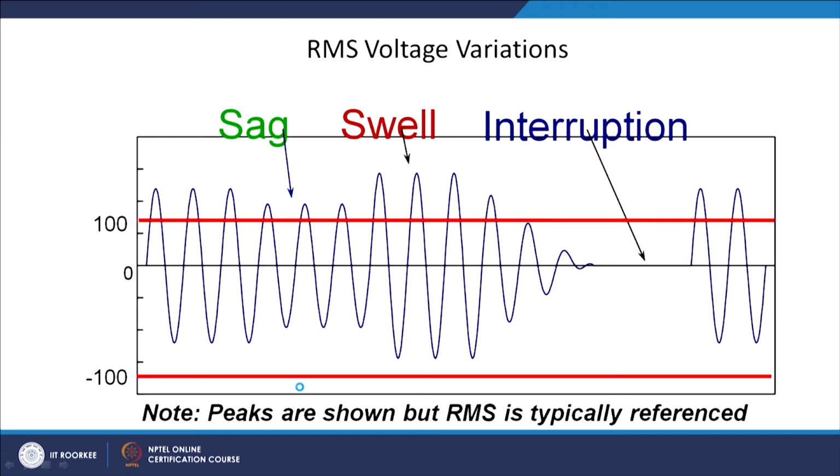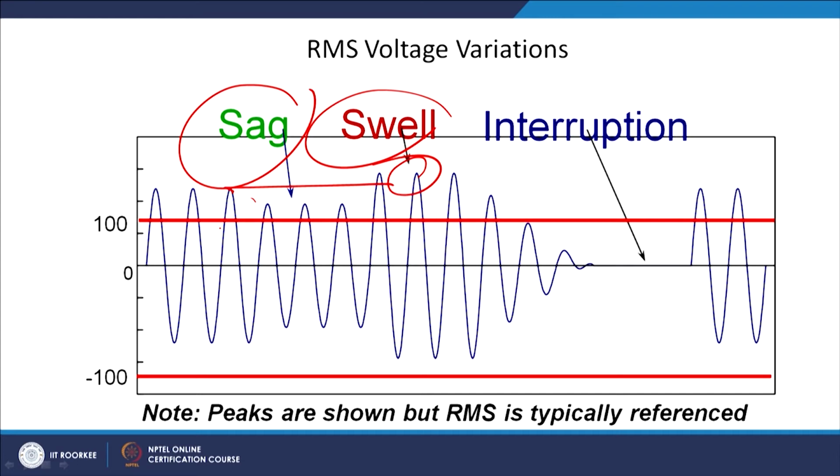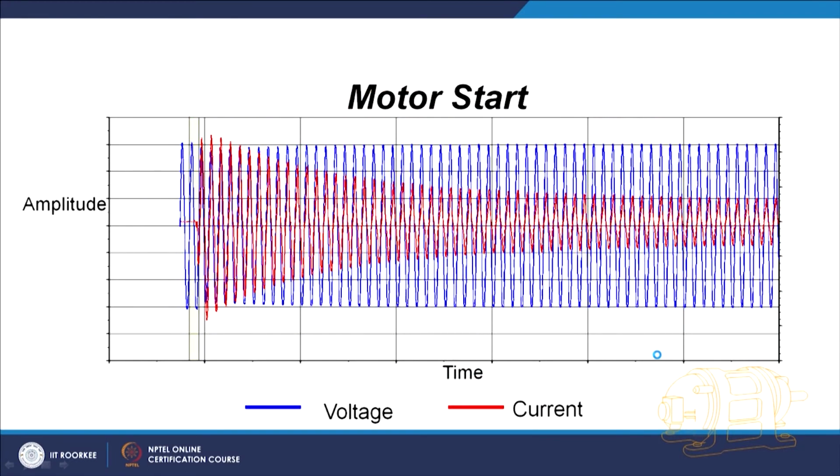Now, this is an example of different waveforms on the same scale. This is a sag, where the voltage has gone down. This is a swell, where the voltage has gone up, and this is the interruption for some time. This is a variation of the RMS voltage.